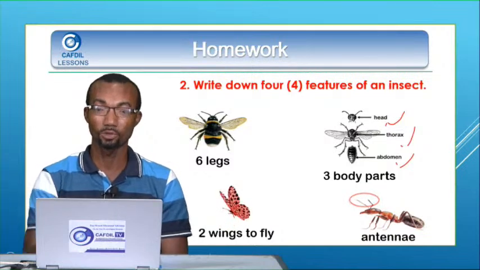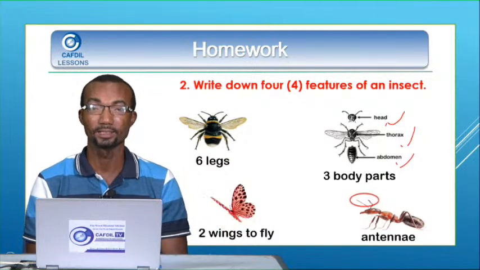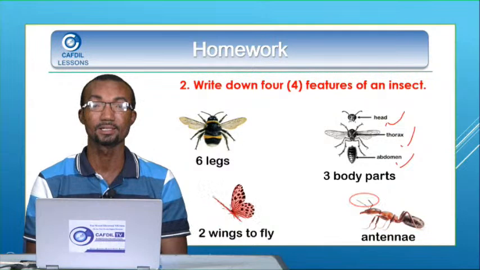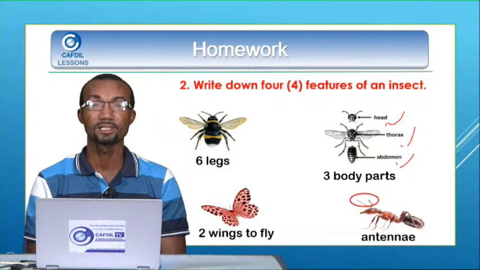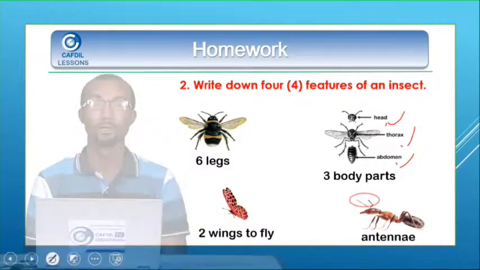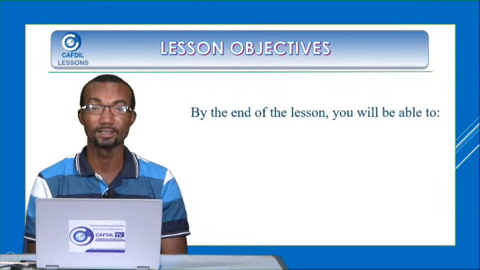The 2 long poles on the head are called the antennae, and they normally use them as a sense organ. So this is the answer to question 2. And I believe you all had the 2 questions correct. Well done.